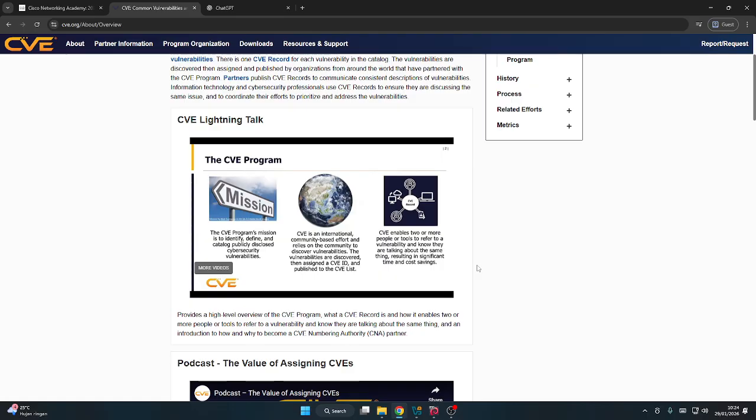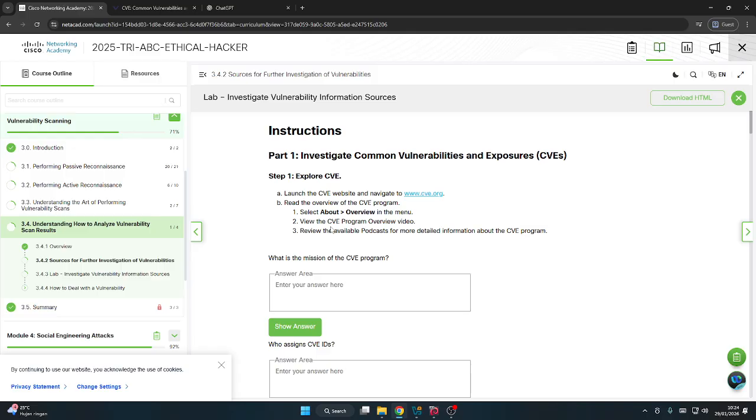The vulnerabilities are discovered, then assigned a CVE ID and published to the CVE list. And CVE enables two or more people or tools to refer to a vulnerability and know they are talking about the same thing, resulting in significant time and cost savings. So, like this, the CVE program mission is to identify, define, and catalog publicly disclosed cybersecurity vulnerabilities.